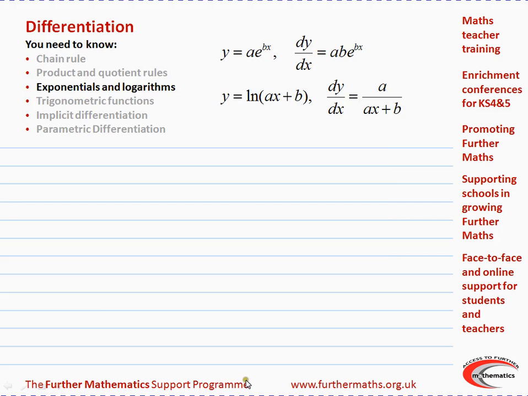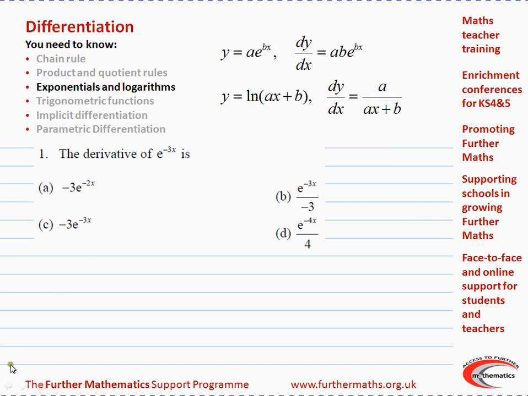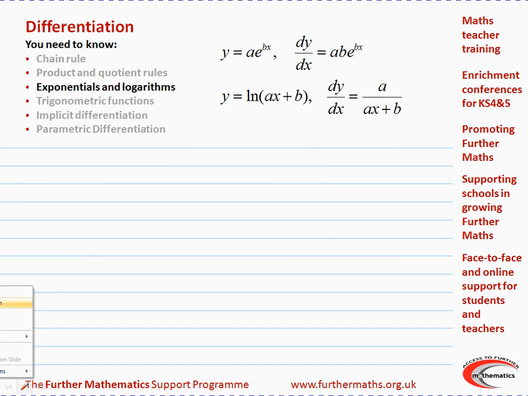Things that you need to know on exponentials and logarithms. First of all, I just want to pick up here on the basics that you need for this particular topic. If you are given a function of the form y equals a e to the bx, when you differentiate that, you're using the chain rule. That was revised in the previous video.